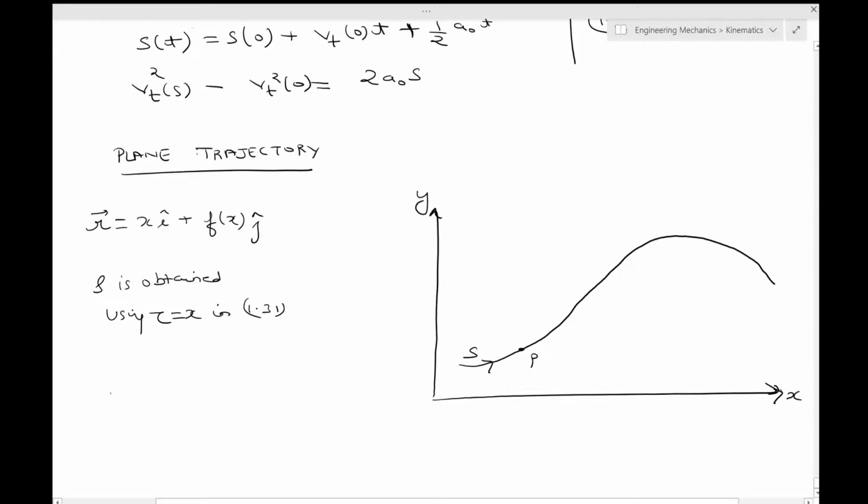So we can do dr by dx is equal to i hat plus f dash j hat. So f dash is the d by dx.